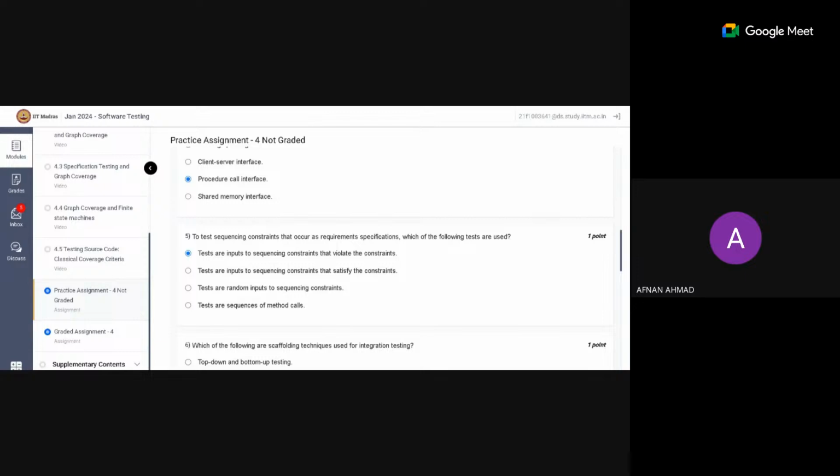Excuse me, may I add something here? Yes, please. This is regarding question number 5, right? It says, to test sequencing constraints that occur in the requirement specification, which of the following tests are used? Here, the tests are those that violate the sequencing constraints. As the professor mentioned in the lecture, we look for inputs that actually violate the constraint.